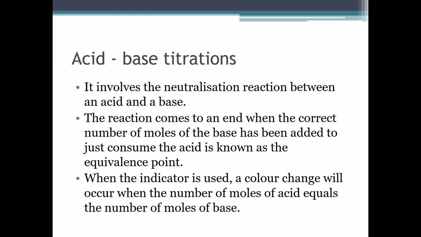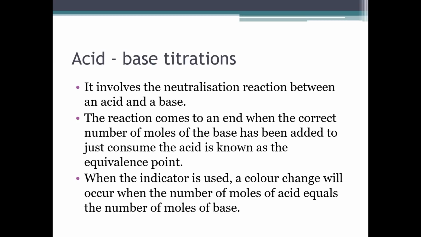Acid-base titration involves the neutralization between an acid and a base. And the reaction will come to an end when the correct number of moles of the base has been added to the acid at equivalence point. So you add your base with the pipette to your conical flask, and you run the acid from the burette into the base in the conical flask.